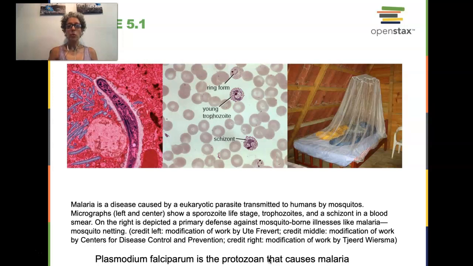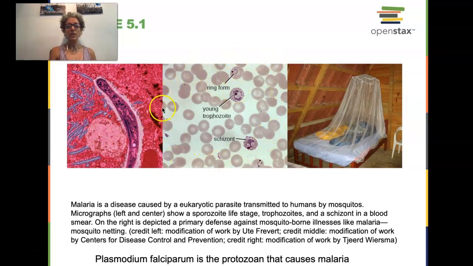Figure 5.1 shows an electron micrograph and a light micrograph of the parasite that transmits malaria to humans. That organism is Plasmodium falciparum. So in the electron micrograph here, this is the microbe, and there are blood cells along with it.